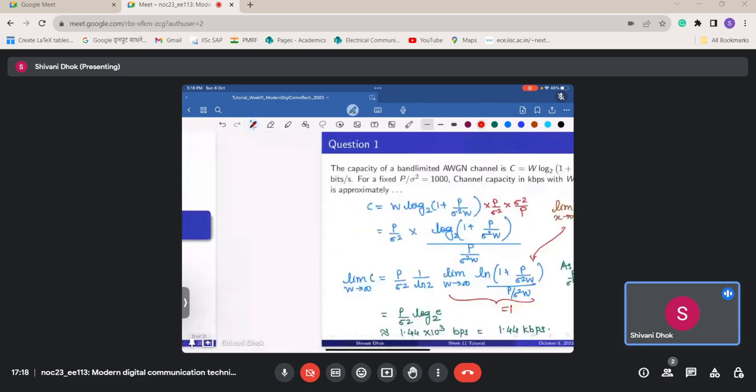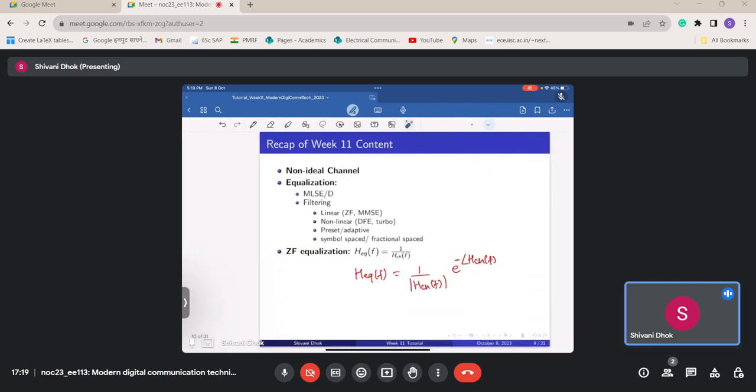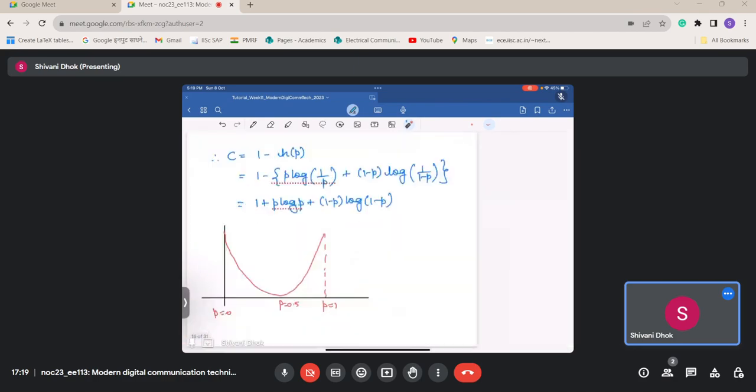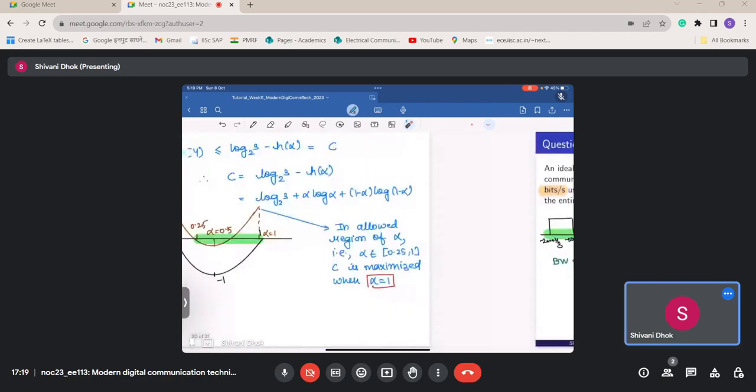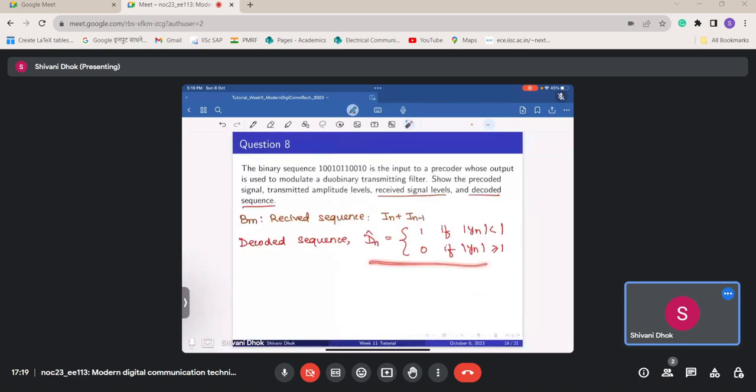So if we go back and look at the content that we had written here, your dn is basically half bn plus 1 mod m. Okay, so from this equation we are landing to this particular thing.